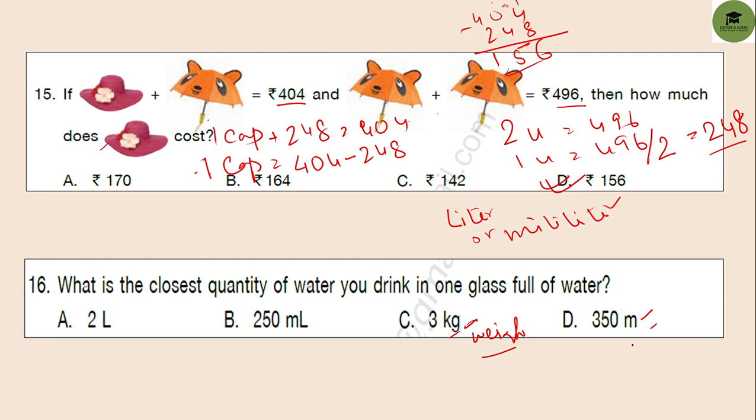Meter is the measure of distance. So it should be option A and B. Now if you drink a glass, it will be in milliliter. So approximately it will be 250 milliliter. If you drink a normal glass, it is approximately 250 milliliter. Okay.